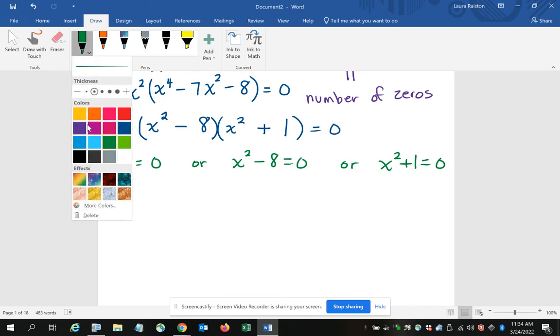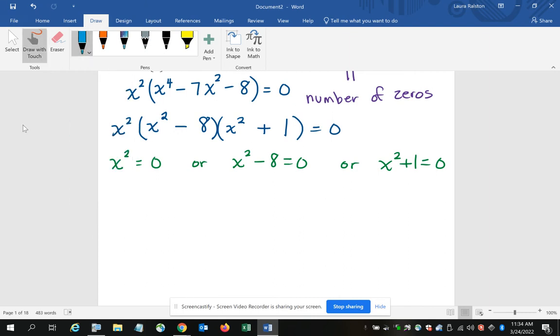To undo a square, hopefully we remember that we need to take the square root. And when you take the square root, it could be plus or minus. So we have plus or minus 0, which actually means you have a multiplicity of 2 at 0. Your zero is 0 and it occurs 2 times.